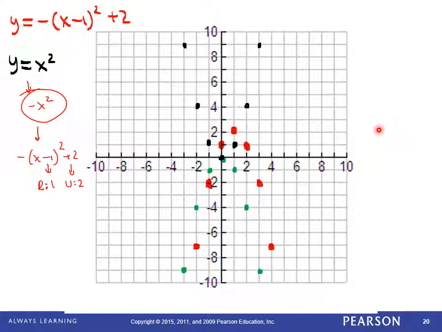All right, we've transformed. Okay, putting it in, we're good to go. There it is. We have graphed negative of x minus 1 squared plus 2. Got a few people still writing it out.